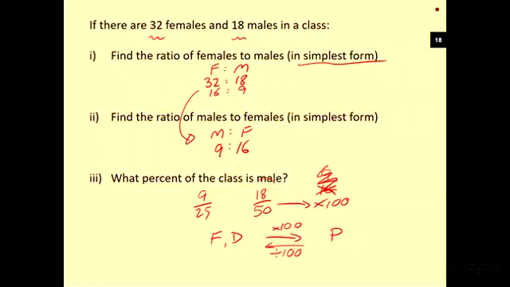So 18 out of 50 times 100 will spit out 36%. Because what happened there? It became 36 on 100, which is literally 36 per century. There's the 36%. As long as we know, fraction times 100 will spit out my percent. Fantastic.